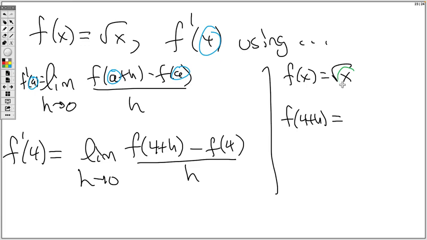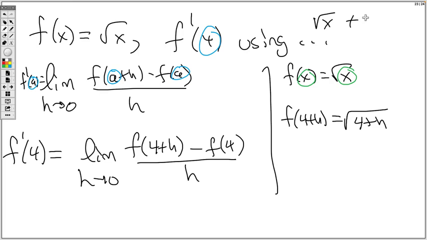That means everywhere you see an x, either literally or in your mind's eye, you want to put parentheses around that x. And you want to replace it with what? 4 plus h. You follow? So that's the correct expression there. The 4 plus the h, all that goes into the square root. Are we okay with that?